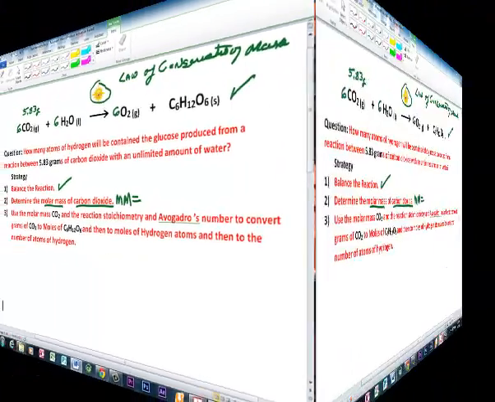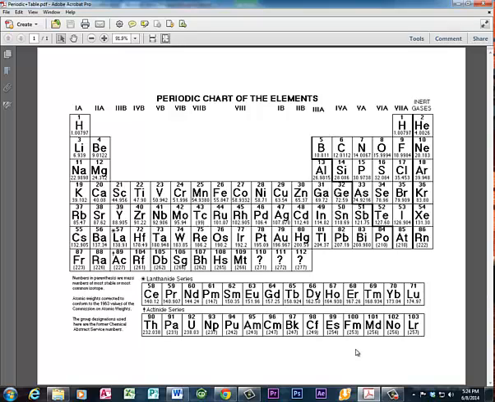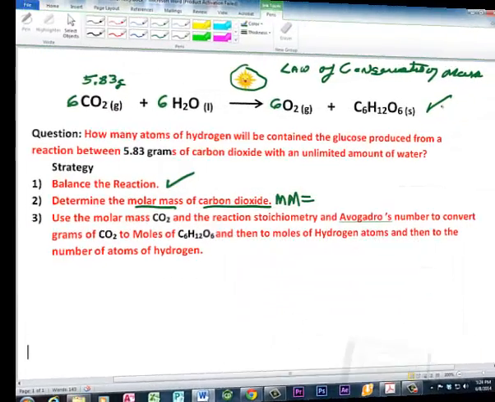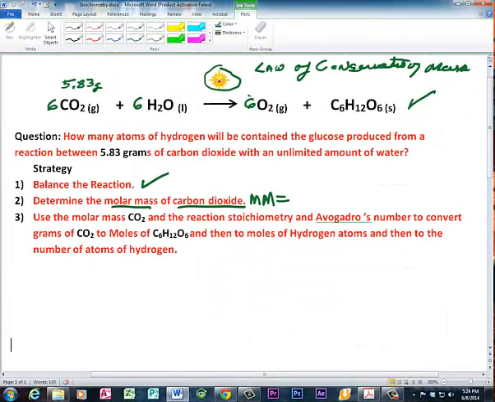Now, in order to determine the molar mass of carbon dioxide, I need a periodic table of the elements, and I see that carbon weighs 12.01 to 2 decimal places grams per mole, and oxygen is 15.999, which we're going to round off to 16. So now I can go ahead and compute the molar mass of carbon dioxide.